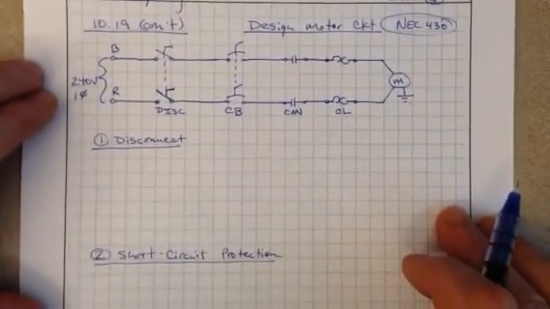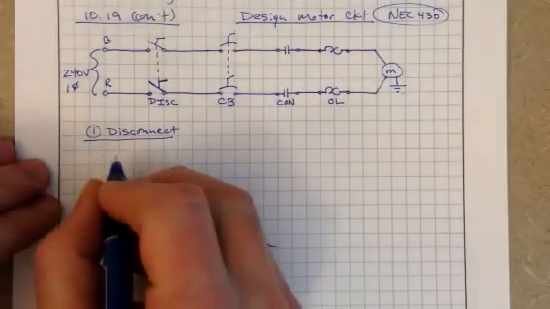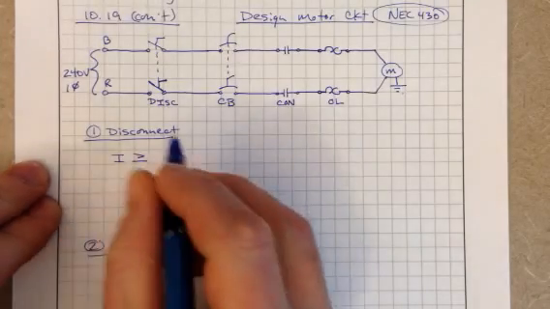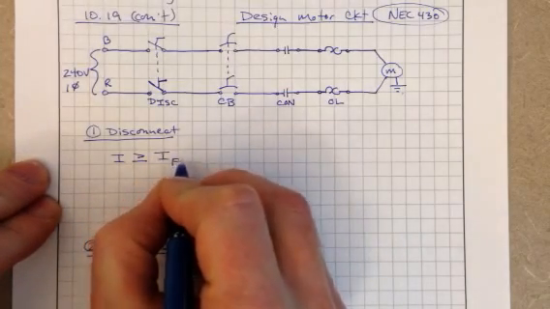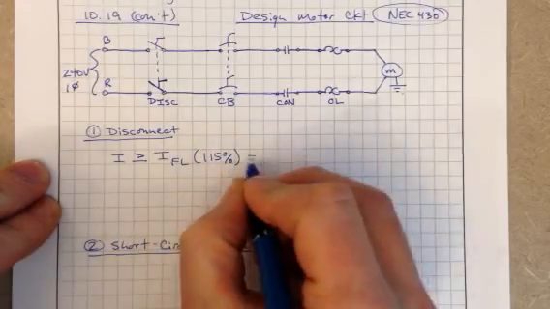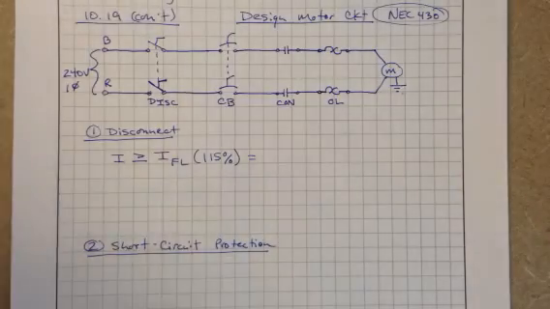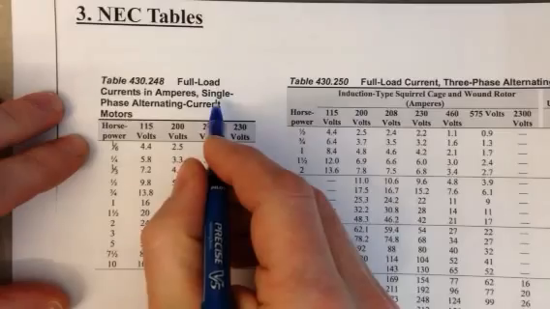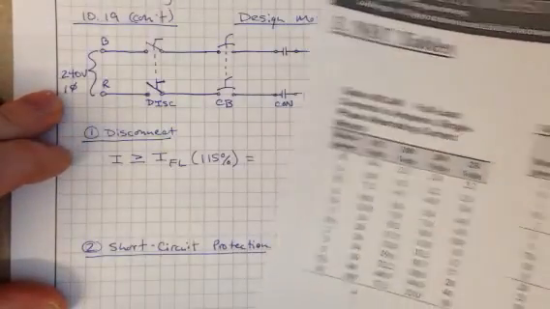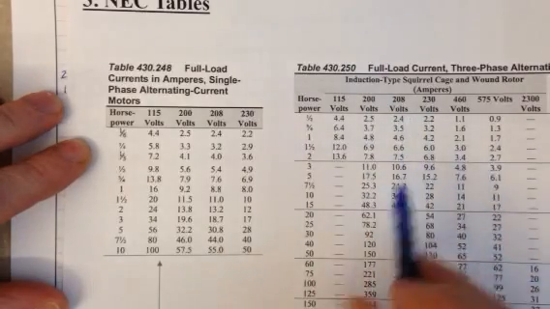So looking at the disconnect to start, if we go back to our slide presentation, we need the current rating of our disconnect to be greater than or equal to the full load current times 115%. Now this full load current must be from NEC table 430.248, because our circuit's a single phase circuit, so we want to use our single phase table. You're going to use a 3-phase table when you do your homework.